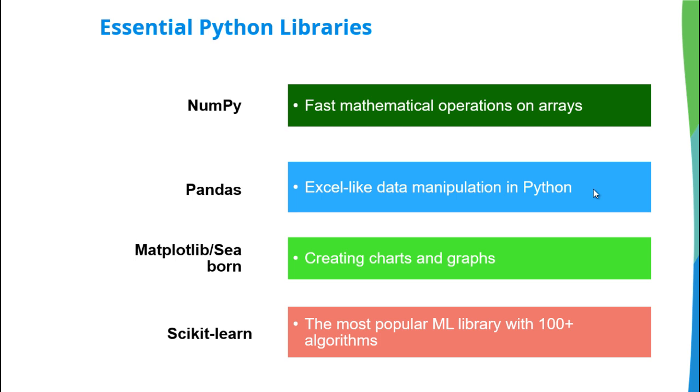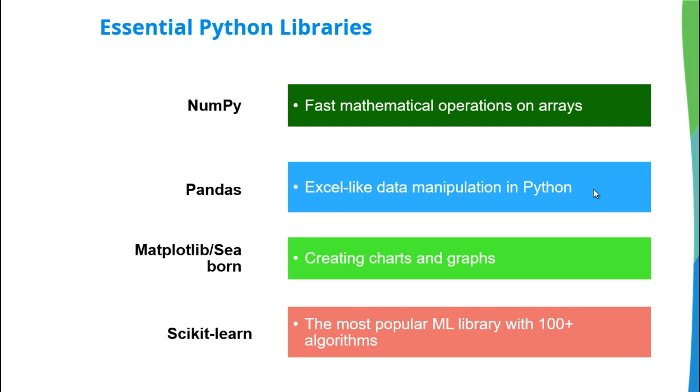For any level of deep learning you want to go into, R cannot handle it without connecting to some Python API. So we have what are called essential Python libraries that you start with before you go to the more complex ones. The first one is NumPy, for fast mathematical operations on arrays of data.